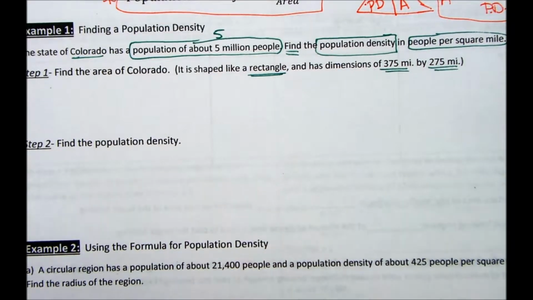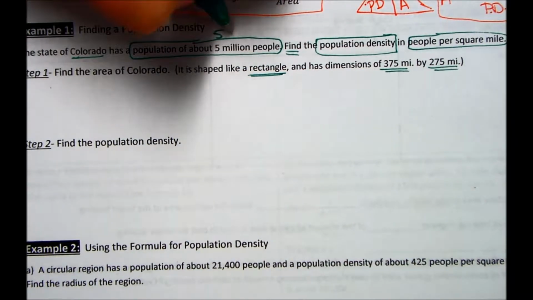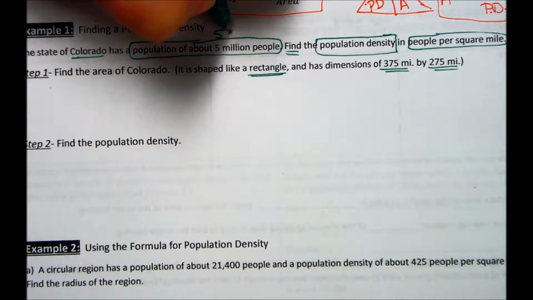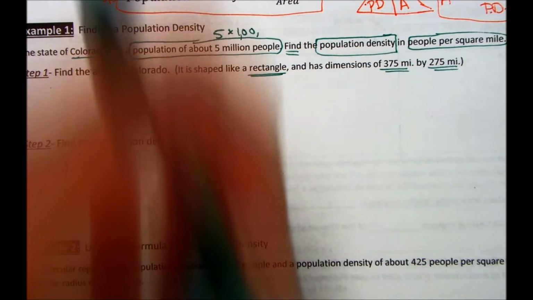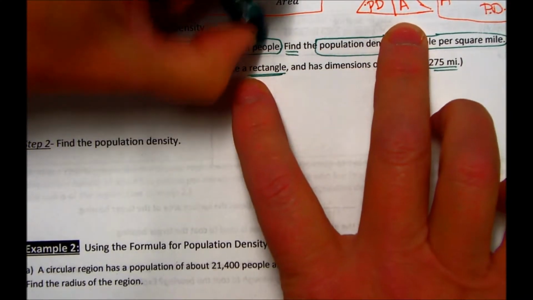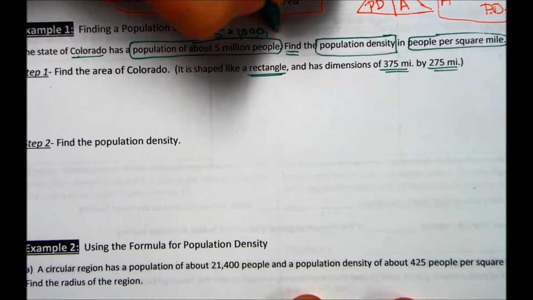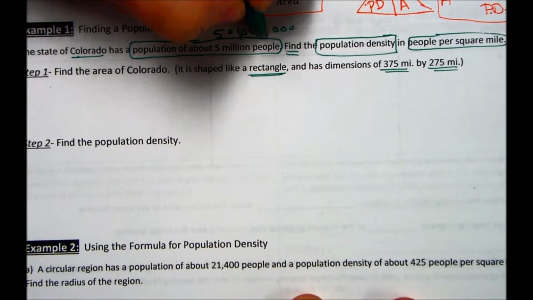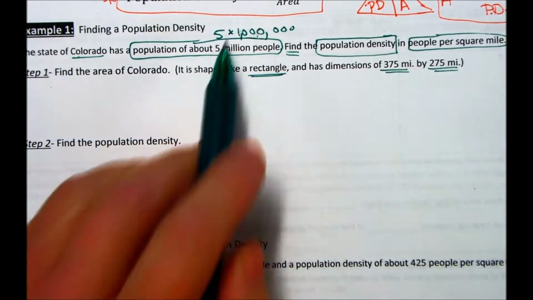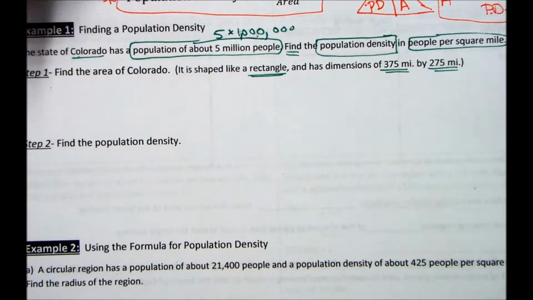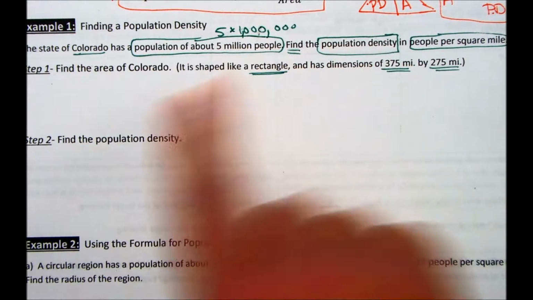But if you had a decimal like 5.2 million, you'd want to take that number, whether it be a whole number or decimal, multiplied by 1 million. So 1 million is 1 with 6 zeros. So if I take 5 times 1 million, I'm going to get 5 million. But I'm not going to need that quite yet.